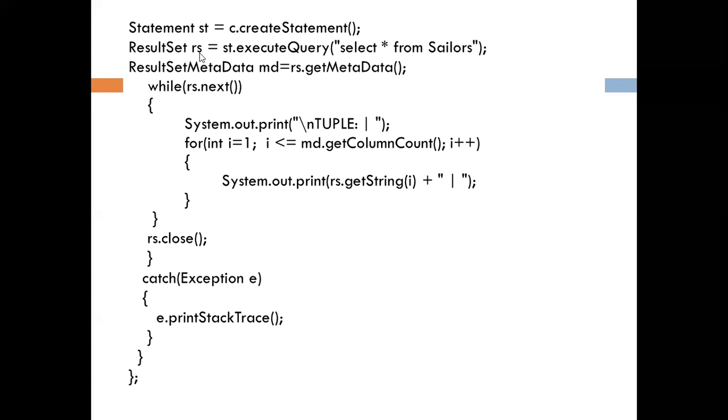Then on this particular result set, we can extract the metadata of the result. This metadata of the result will contain the column headers and their data types, so that it is returned as a ResultSetMetaData. Yesterday we saw the database metadata itself.